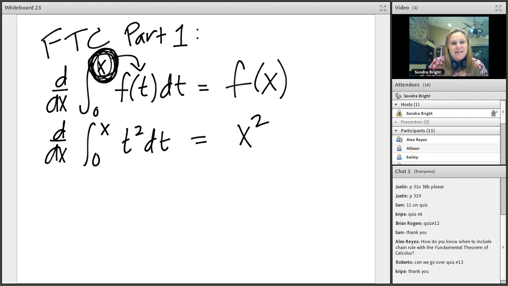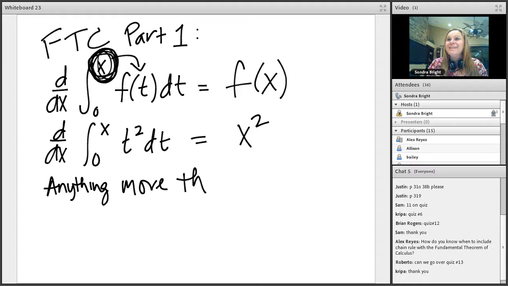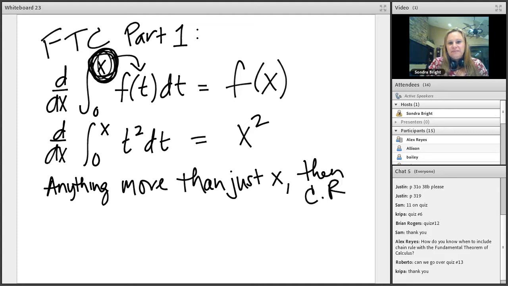However, if you have anything other than just an x up there, then you've got to do chain rule. So anything more than just x, then chain rule.